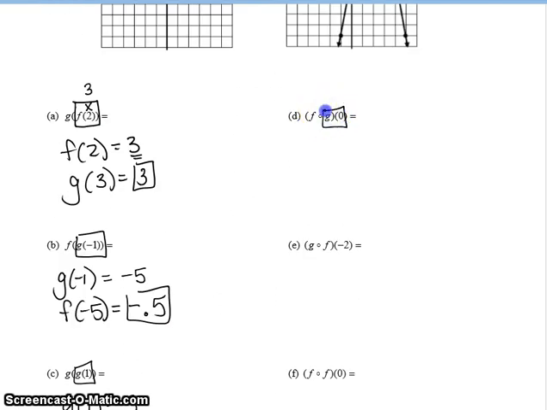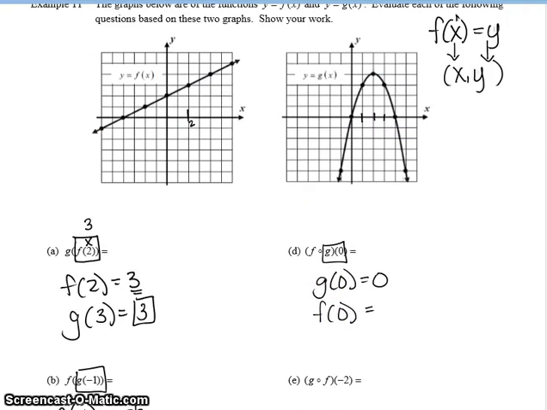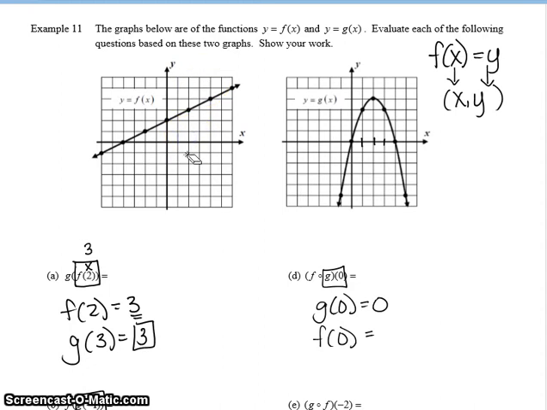Letter D, g of 0. So you're right on the origin there. So g of 0 is 0. Now take that result. So now you want f of 0. So if I go to the f graph here, if you need a little help, here's f of 0 right here. It'd be up at positive 2.